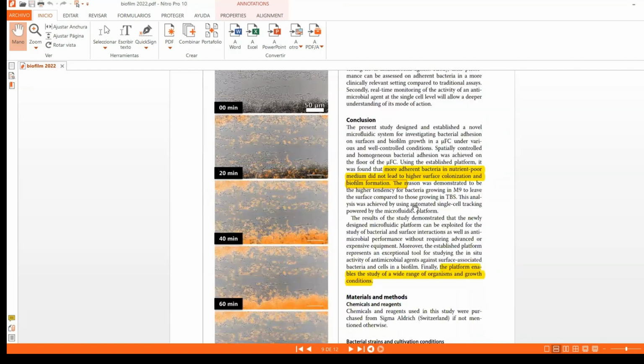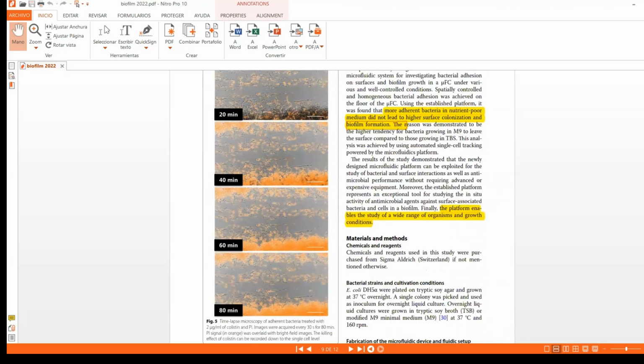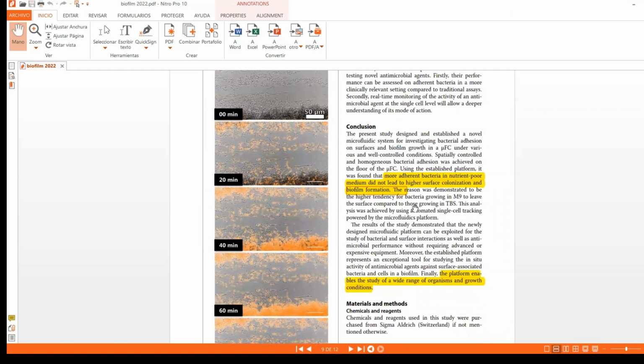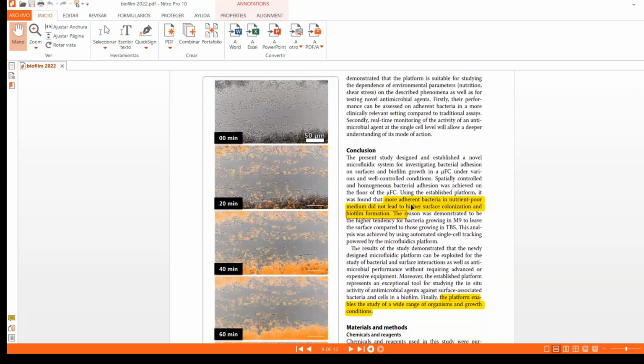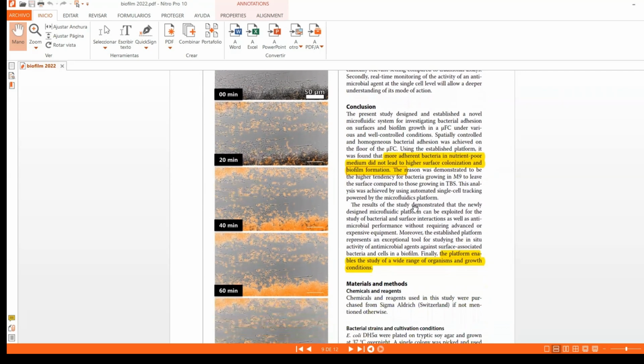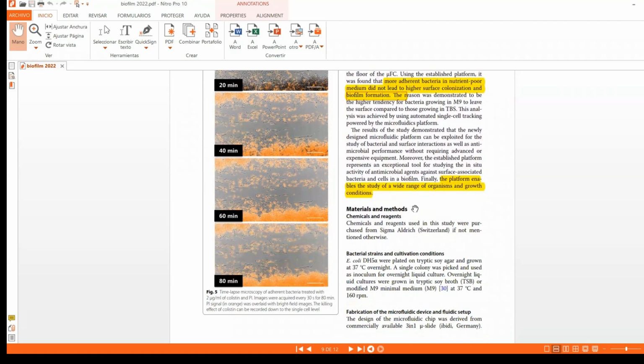So in this case, they injected the colistin and observed the effect over the passing of time. At 0 minutes, we can observe that nothing happens. And then with the passing of time, at 80 minutes, we can observe the killing effect of colistin can be recorded down to the single cell level.